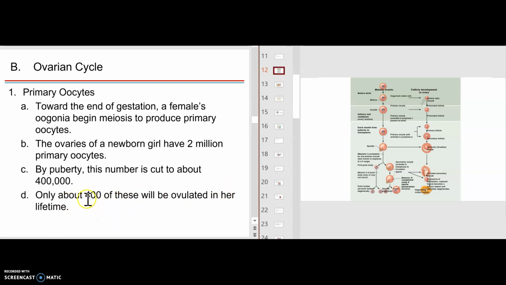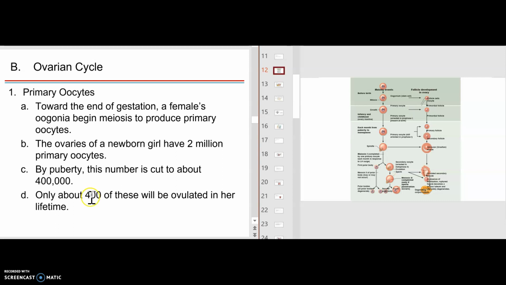Now, where did they come up with this number? Let's say a girl is 13 and starts her period and ends her reproductive time in life at around 50. That's around 37 years. So this 400 number is a median value, because if the young lady started at 13 and went to 50, then that's 37 years, and you would multiply that times 12.